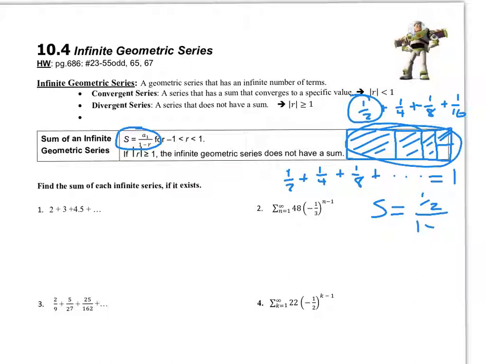The way you find r is you take any value and divide by the value preceding it. So 1/4 divided by 1/2 is the same as 1/4 times 2, which equals 1/2. So 1 minus 1/2, you end up with 1/2 over 1/2, which equals 1.